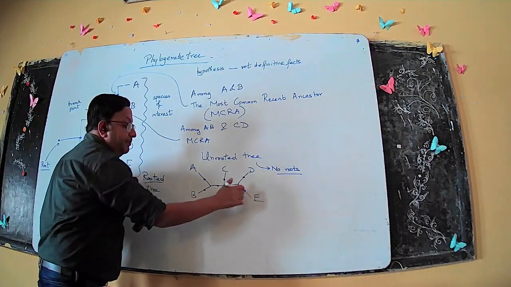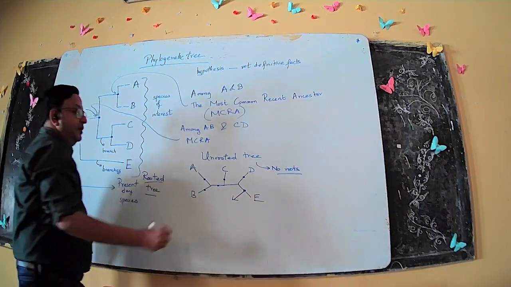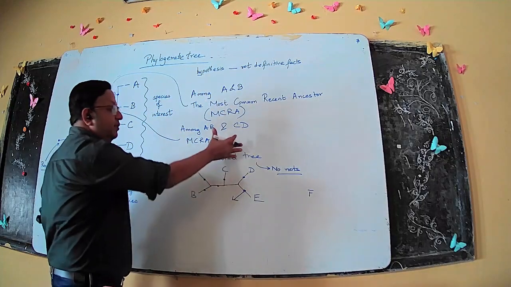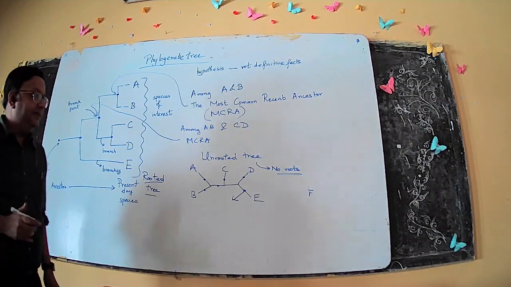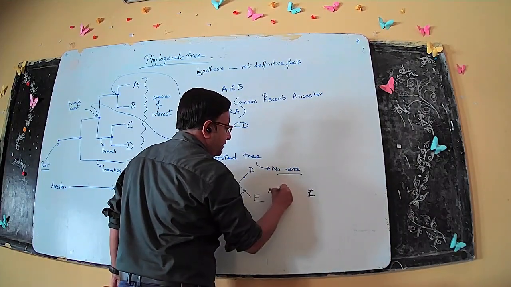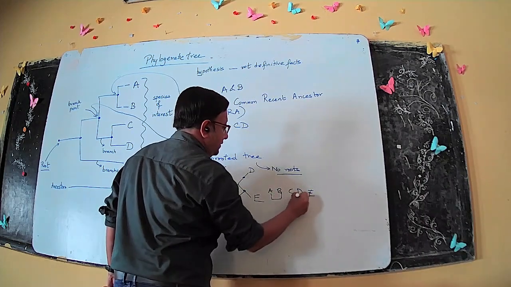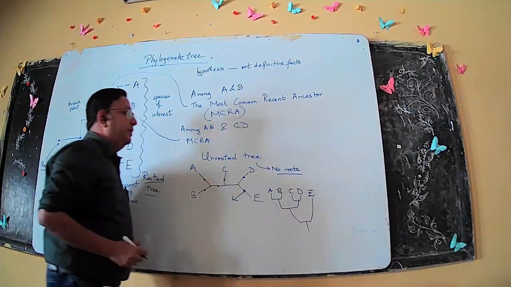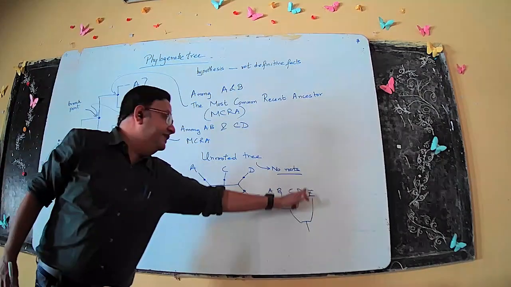If you, for example, pull it like this, you can have E like this, okay? Pulling it brings these up. The E is the distant one.